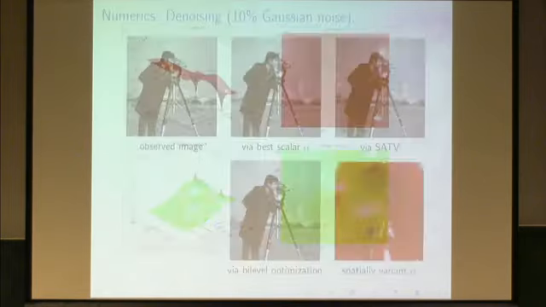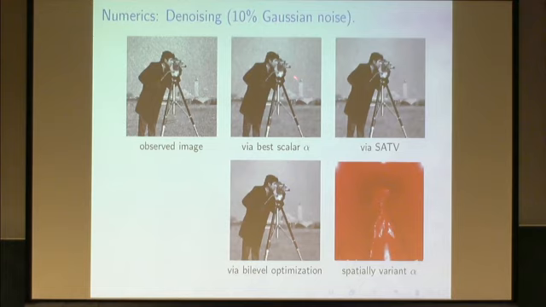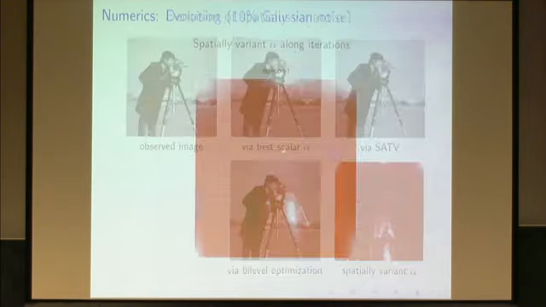For the cameraman, again, a noisy image. If you look at the best possible scalar, which is done well by a PhD student according to PSNR, MSSIM, and according to his eyesight. And then you compare this earlier version of the method, which I've shown in the first part, versus the new version of the method, you see a certain difference, and this is the corresponding spatially variant automatically chosen regularization weight, which you can see here again as a sort of movie of how it behaves over the iterations.